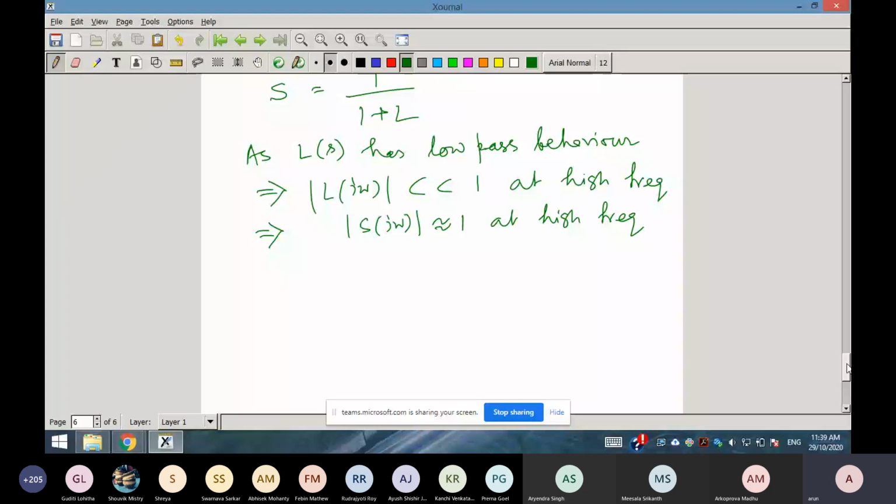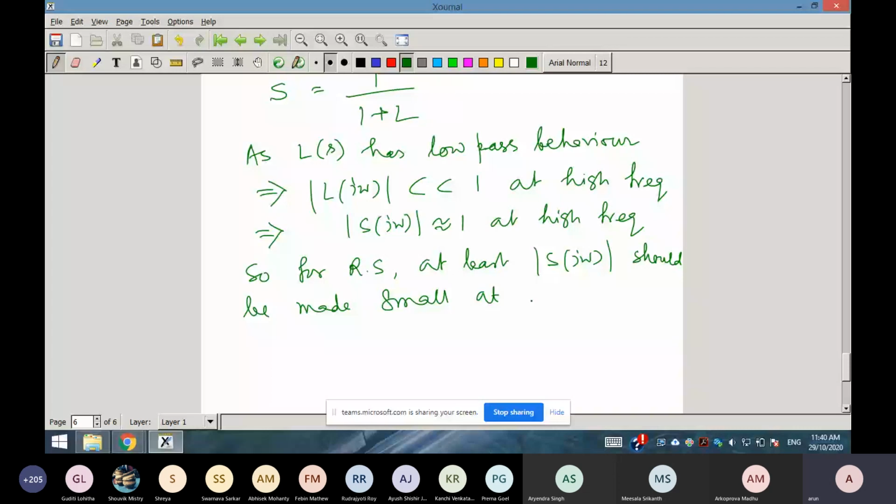So the only thing is, at high frequency S(j omega) equals 1 anyway, which you cannot avoid. So for robust stability, at least S(j omega) should be made small at low frequency.